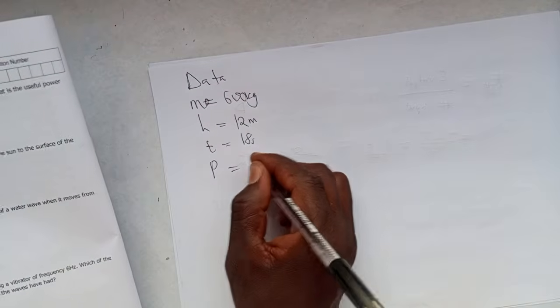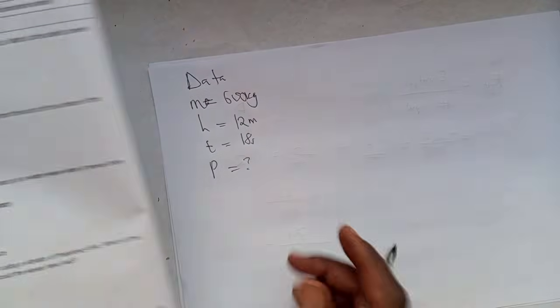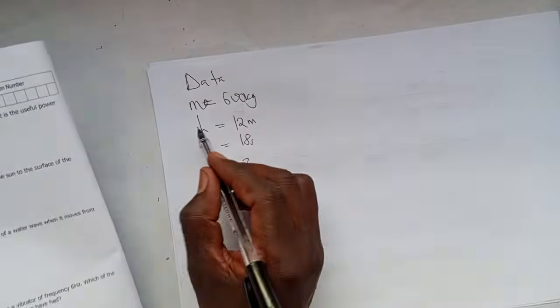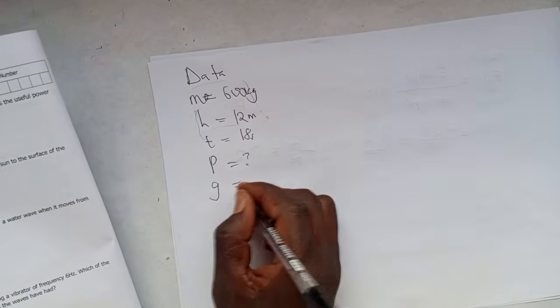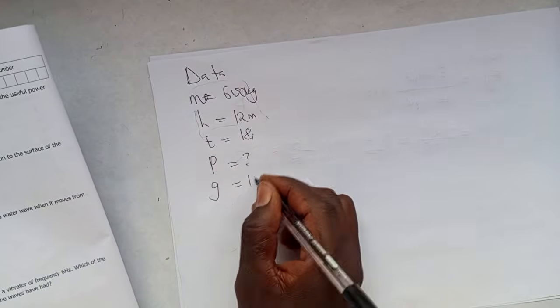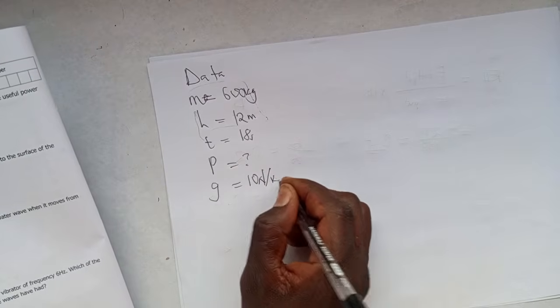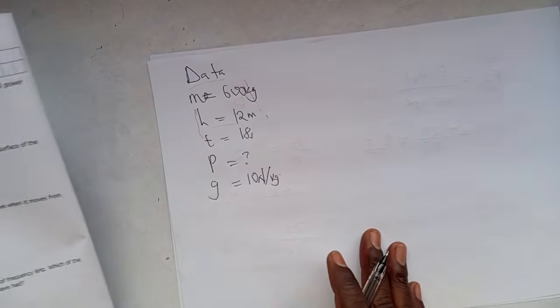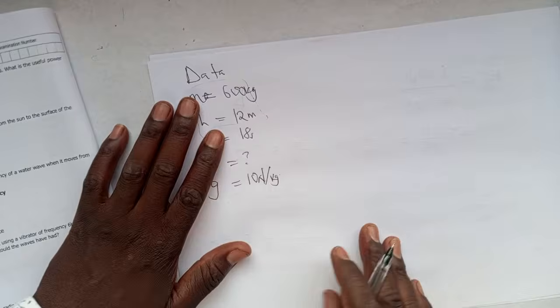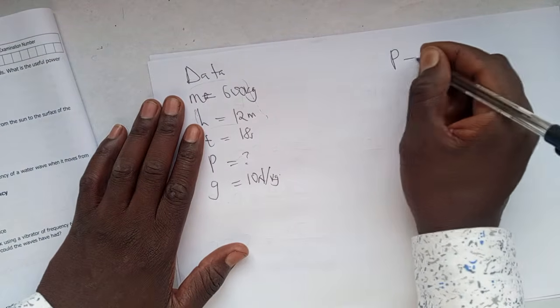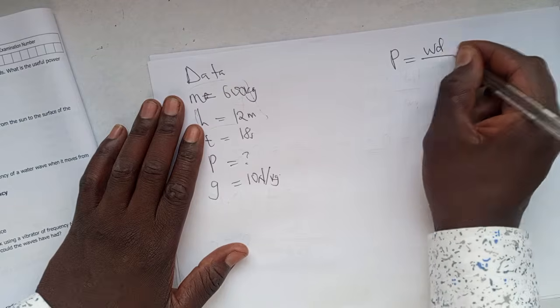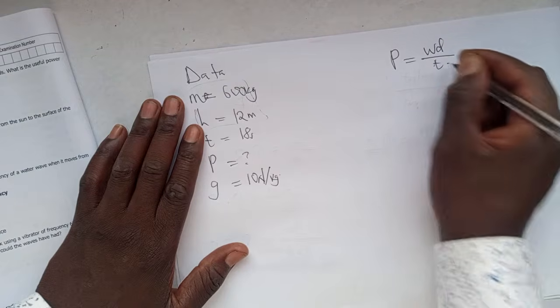What are we told to calculate? We've been told to calculate power. What is power? We don't know. But whenever you have height and mass, be advised that there is always force of gravity, which is 10 newtons per kg. All right. Then from there, can we derive the formula? Oh yes. We're going to say power is equal to work done over time taken.